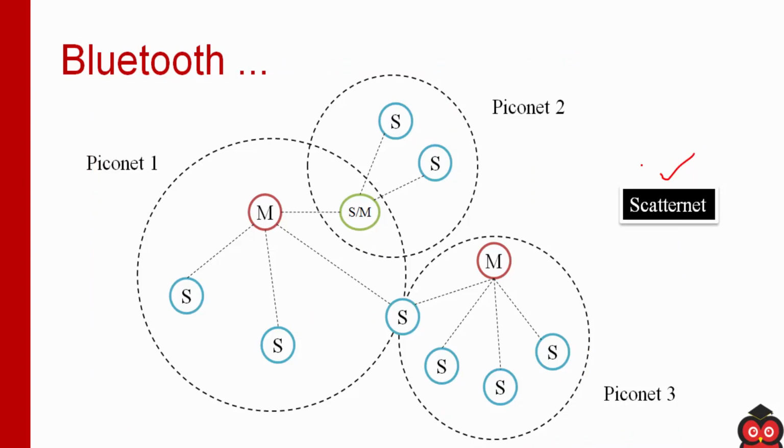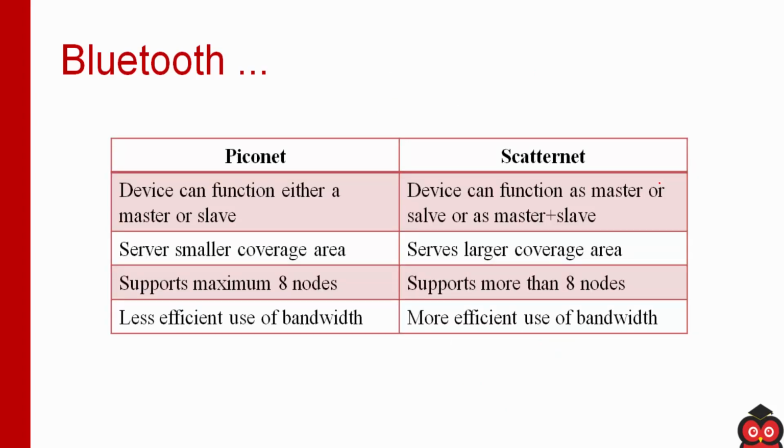So we can utilize the bandwidth in a proper way, more efficiently, using Scatternets. And also if it is a limited area, we can connect more devices in a limited area with the help of Scatternets. Okay, right. So finally we will see the difference between Piconet and Scatternet.